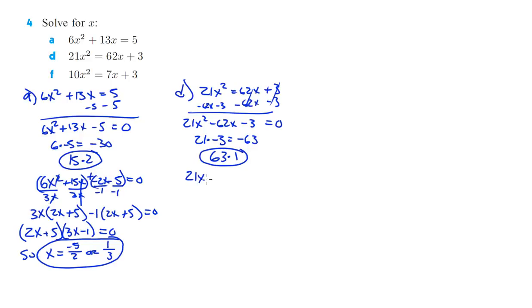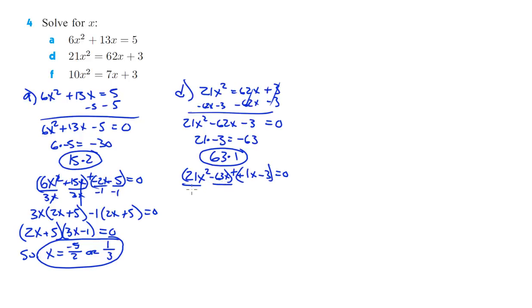So we have 21x squared, and we have our negative 3. And then these have to add together to get negative 62, so it's got to be negative 63x plus 1x. Okay, and then we group the first and the second and add them together and see what kind of common factors they'll both have.